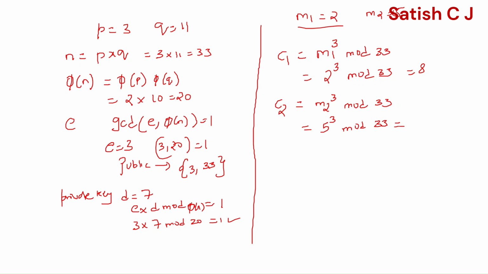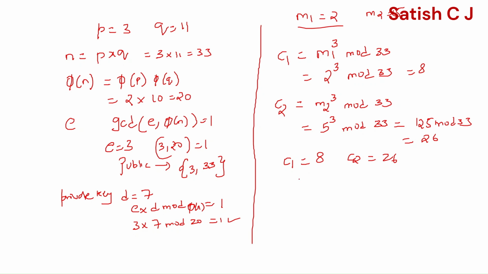So we should compute the value of 5 power 3 mod 33. That leads to 125 mod 33, which is nothing but 26. So we have computed two ciphertexts: C1 is equal to 8 and C2 is equal to 26.